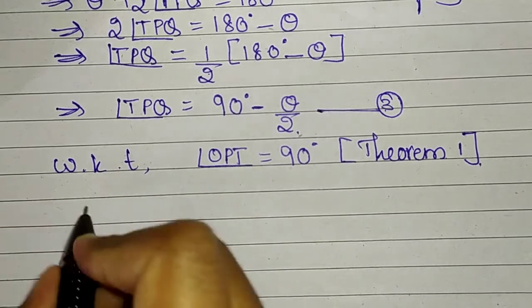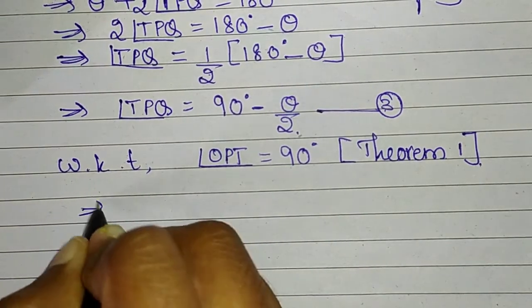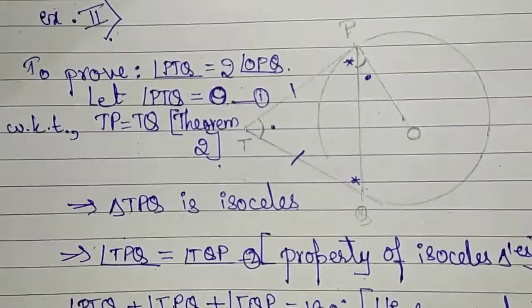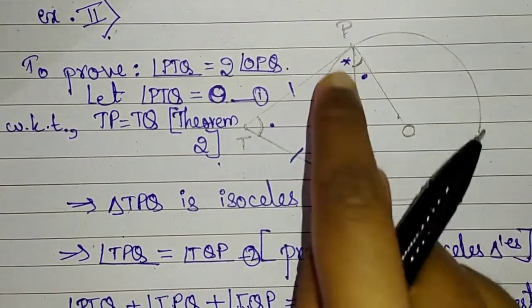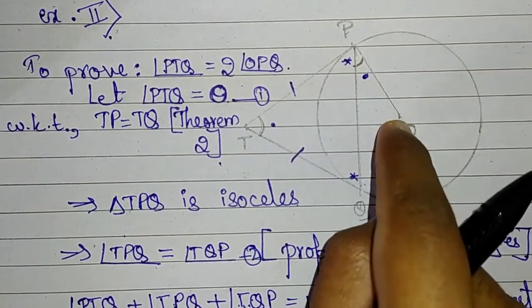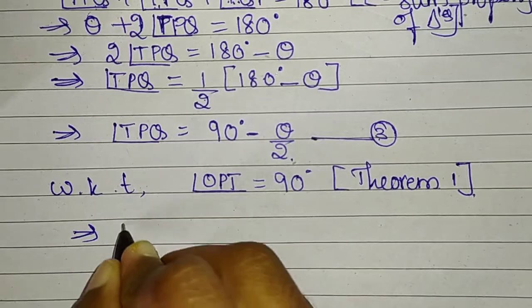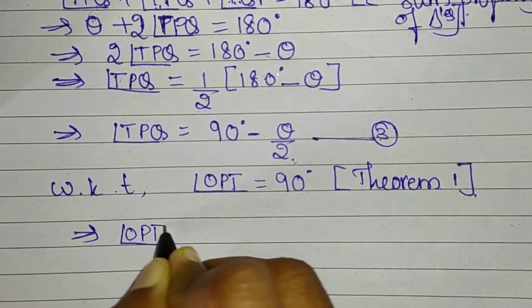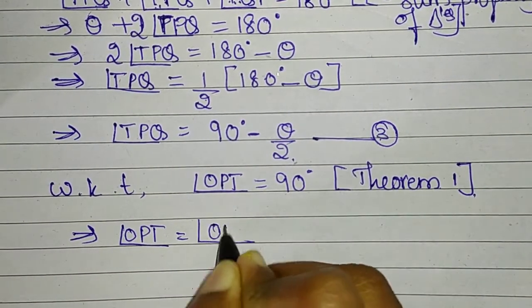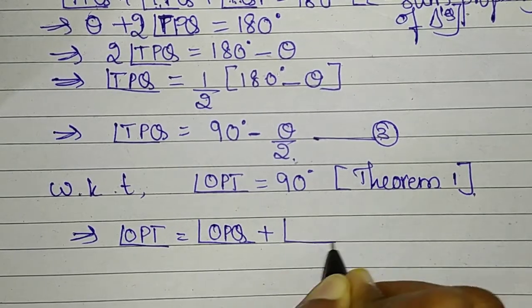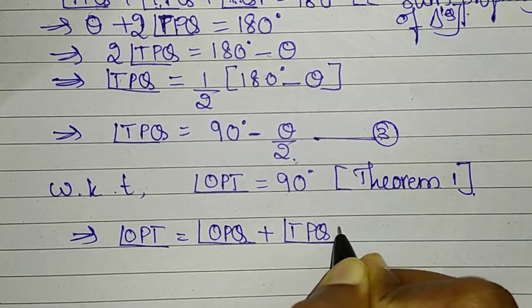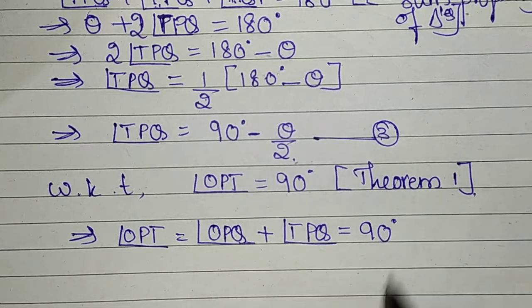Now we also know that angle OPT is made up of 2 angles. One is angle OPQ and the other is angle TPQ. Therefore angle OPT is equal to angle OPQ plus angle TPQ is equal to 90 degrees.